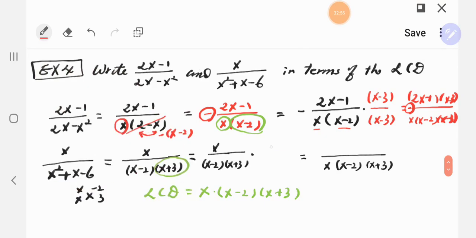What we do is compare the factors of the denominator and the LCD. So we have x minus 2, x plus 3 in the denominator, but x is missing. So multiply both top and bottom by x, then the numerator will be x squared. So that's it.